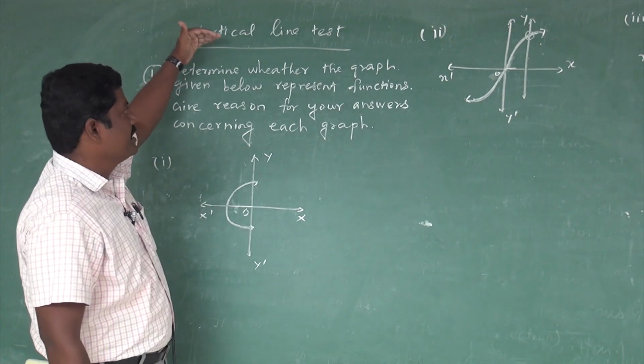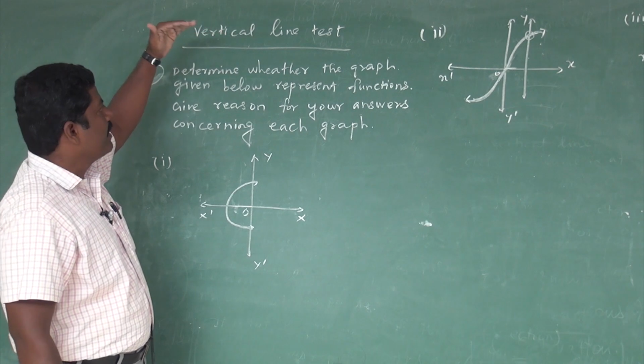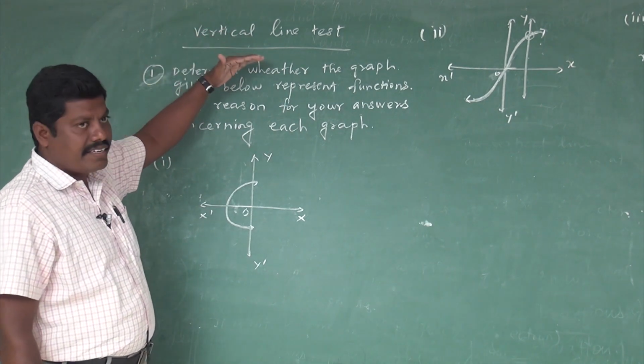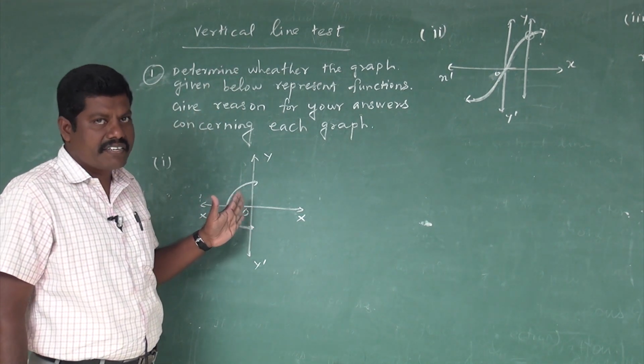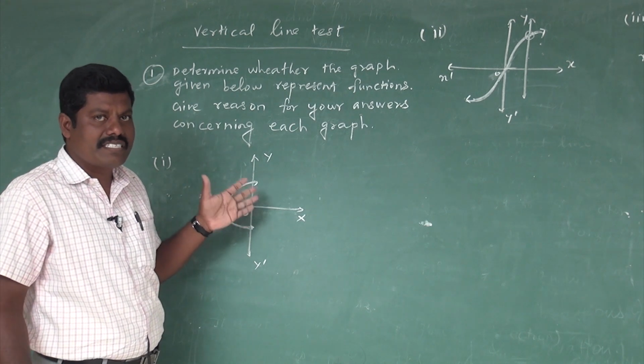So next one is the vertical line test. Every vertical line intersecting the curve in at most one point means it is a function. Otherwise, intersecting in more than one place means it is not a function.